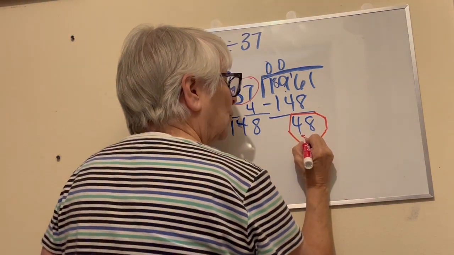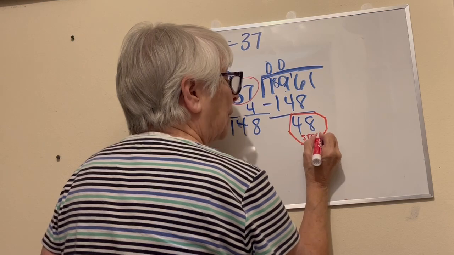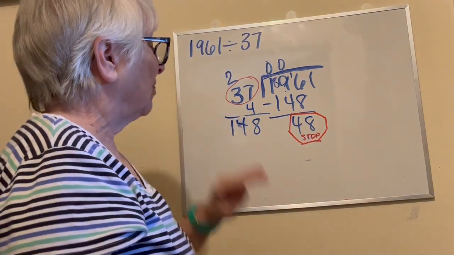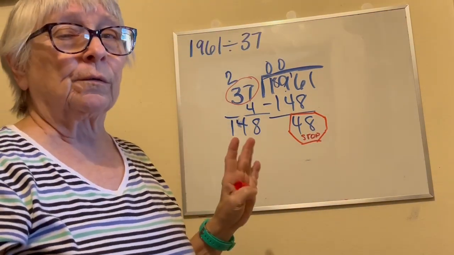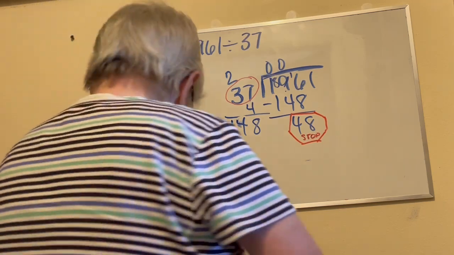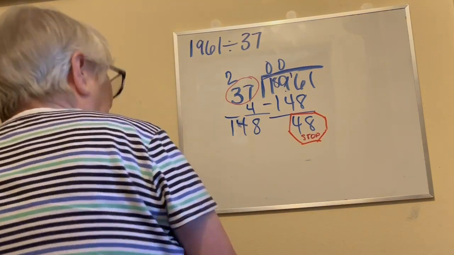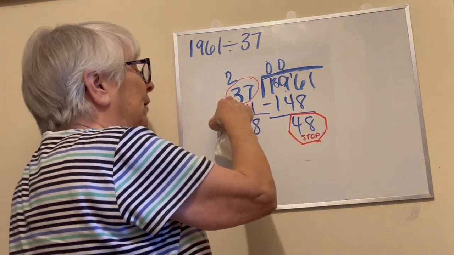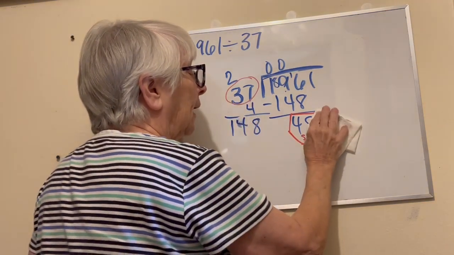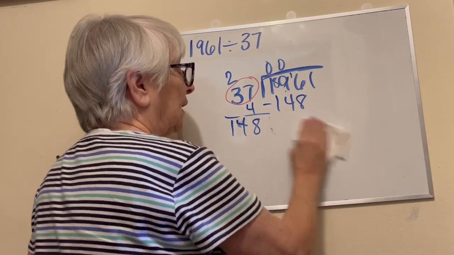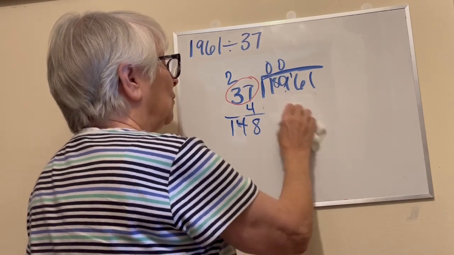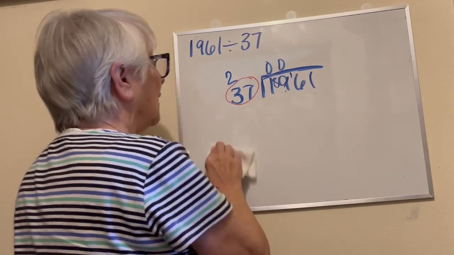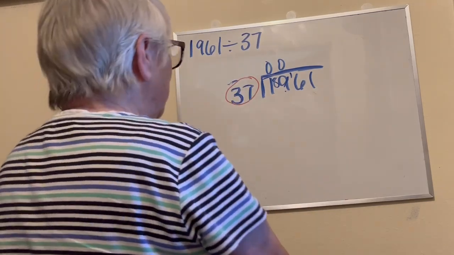If we see that, we must stop. That won't work. If I get an answer to my subtraction problem that's bigger than the number I'm dividing by, I go back and say, well, that 4 was too small. I need to make it a little bit bigger.